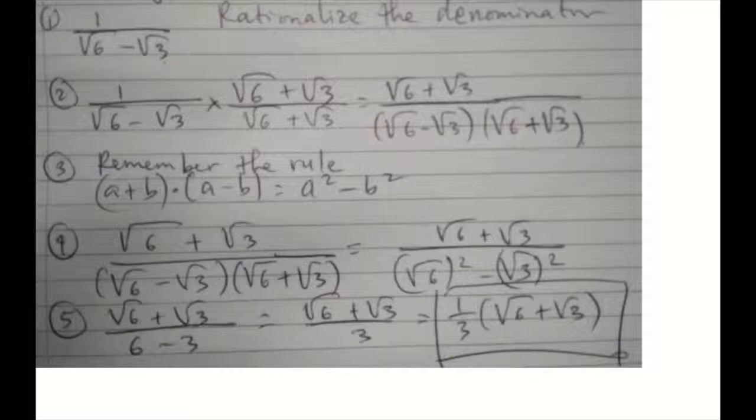So, we found the final result as square root of 6 plus square root of 3 over 3, which is a third times square root of 6 plus square root of 3.